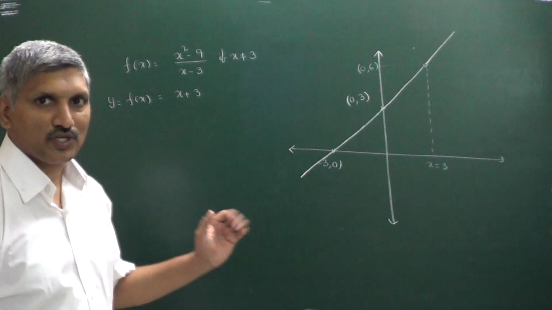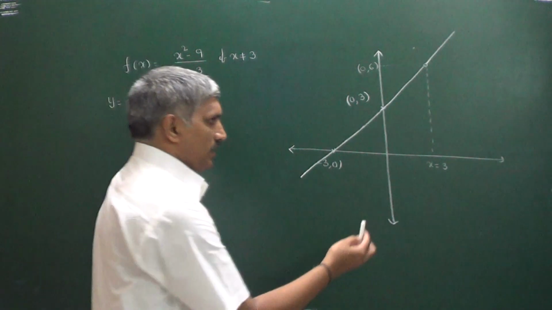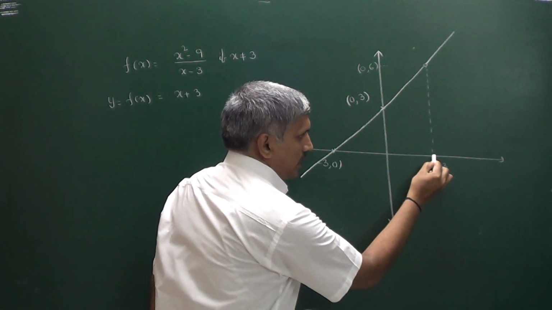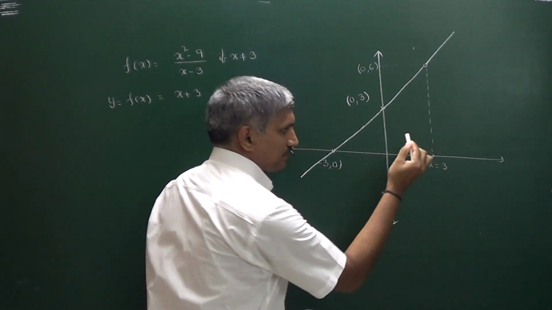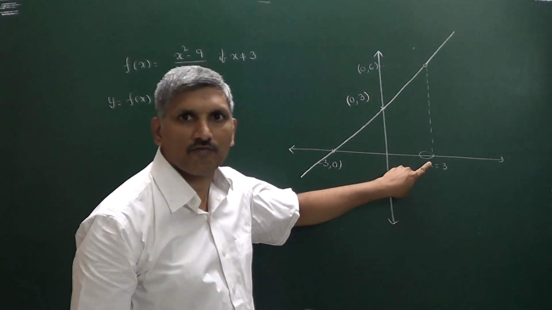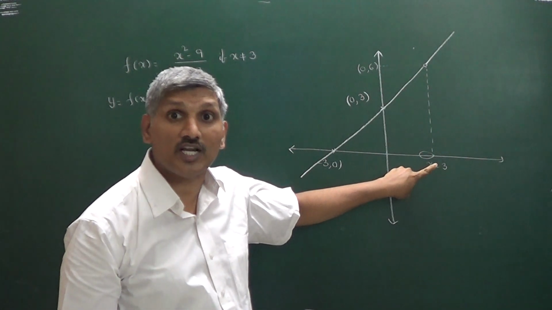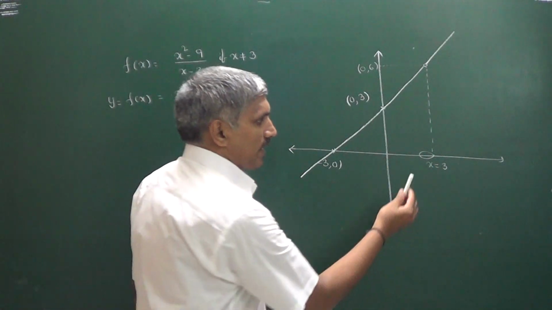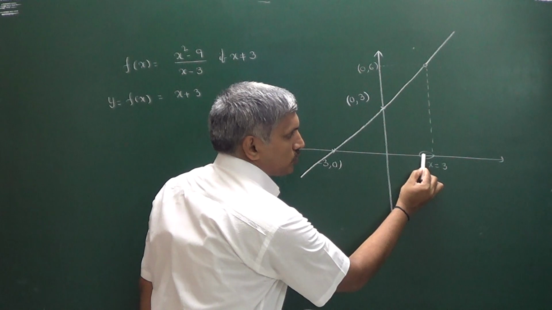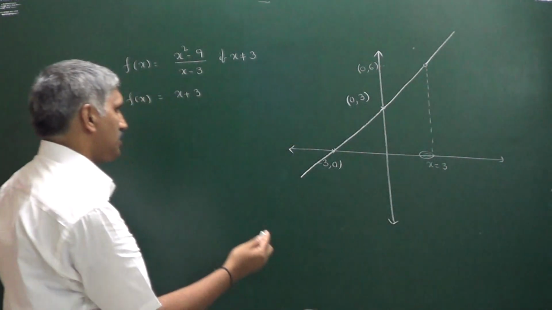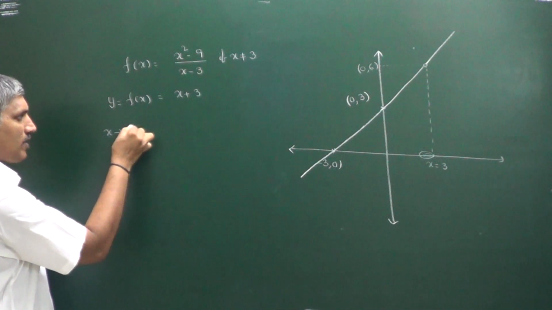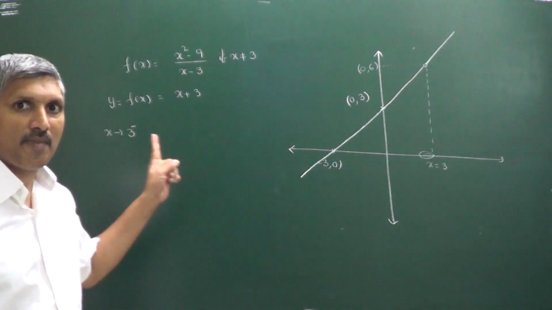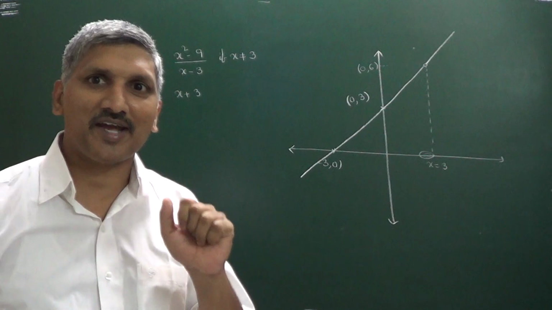Right? Now observe the graph, especially when x values are approaching 3 from the left hand side. That means x values are very close to 3, to the left of 3. That's what we can write as x approaching 3 from the left hand side. 3 minus denotes left side, it is not minus 3.